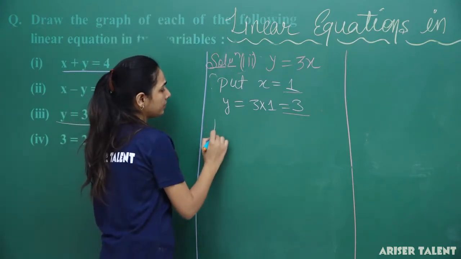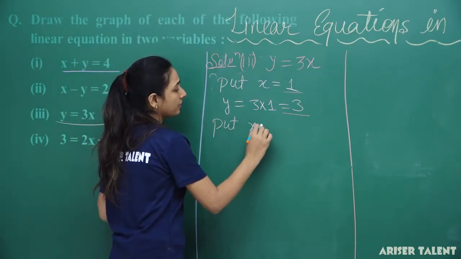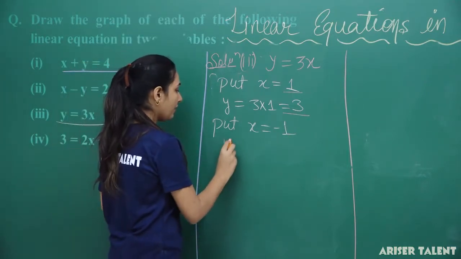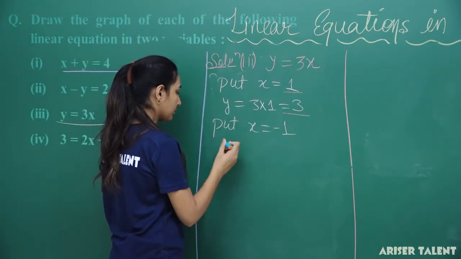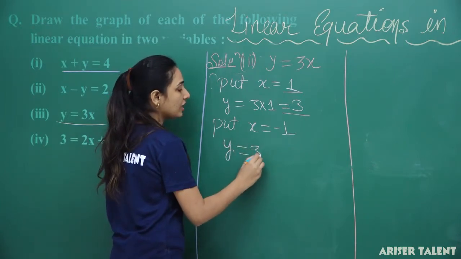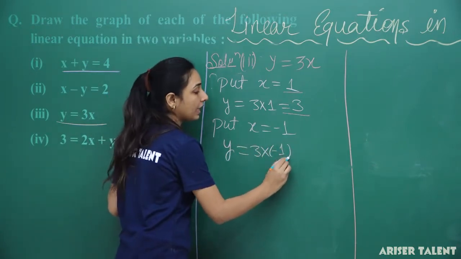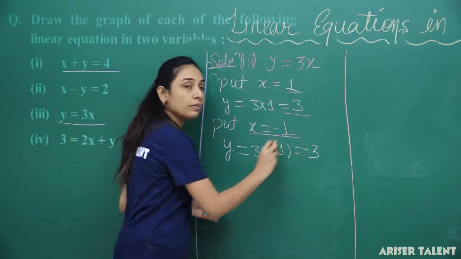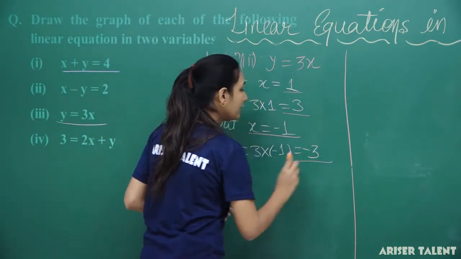Now put x equals to minus 1. So y will be equals to 3 multiplied by minus 1. That will be minus 3. So at x equals to minus 1, y equals to minus 3.